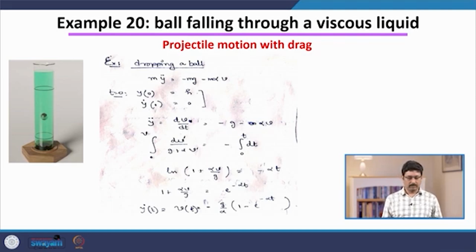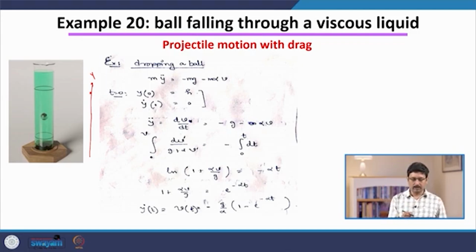First, let us take our coordinate system, and say we start at some origin, and the vertical direction is the y axis. This is a one dimensional problem. So, we write down Newton's law for this problem.